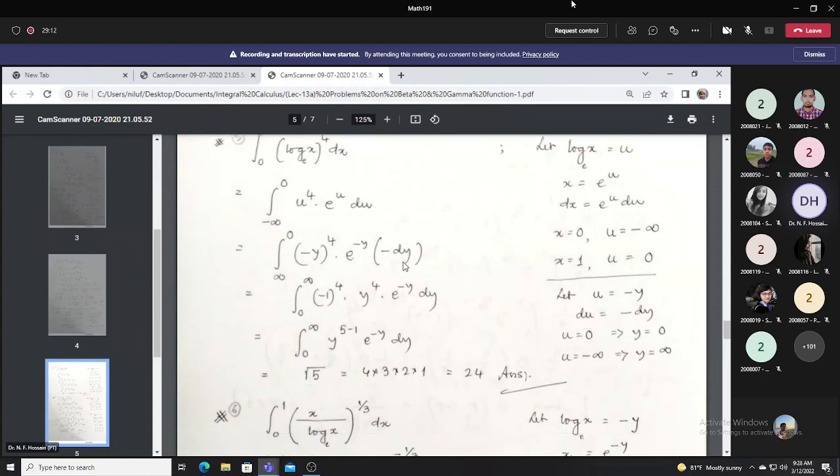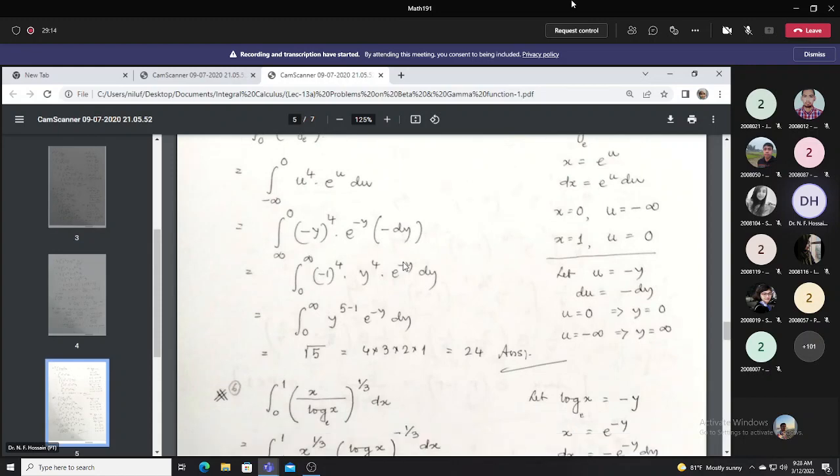Now let us have another substitution. You cannot use the definition of gamma function if the power of e is a negative number. What was the expression for gamma function definition? It was x to the power n minus 1 into e to the power minus x dx. So to use the definition of gamma function, the power of e must be something negative.